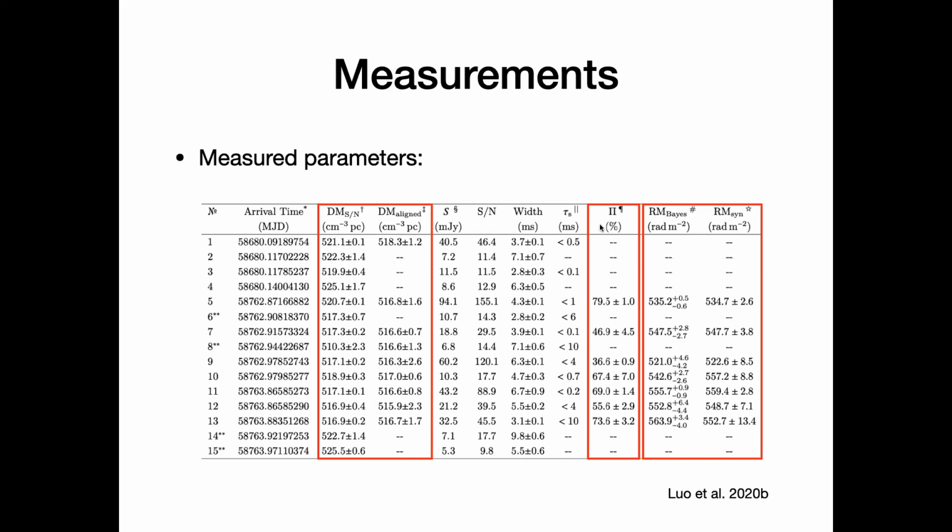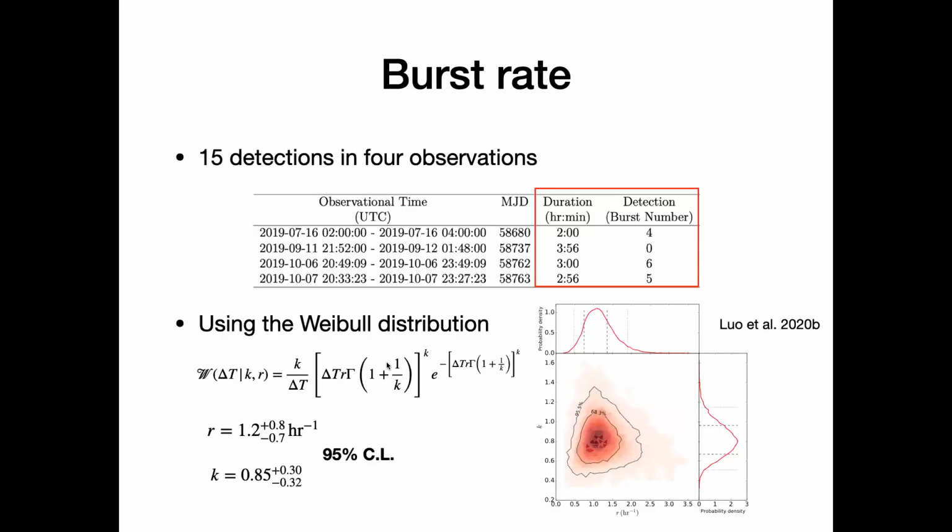And the linear polarization here is very high, but not 100%. And the DM value we measured is consistent with the initial detection by Danny Price. The DM values are quite identical, even though we detected the bursts at different epochs. And with 15 detections, we can study statistics.